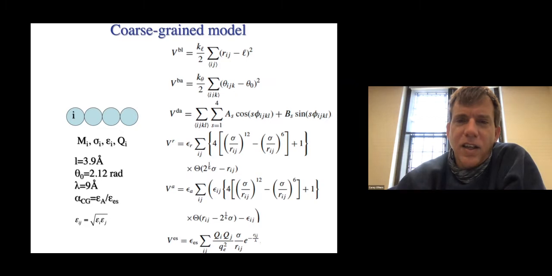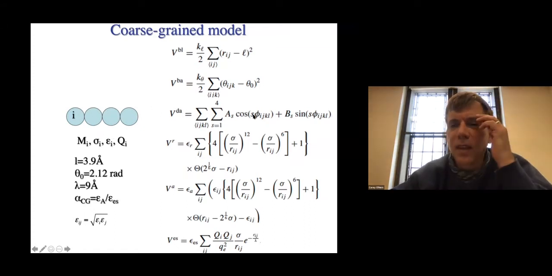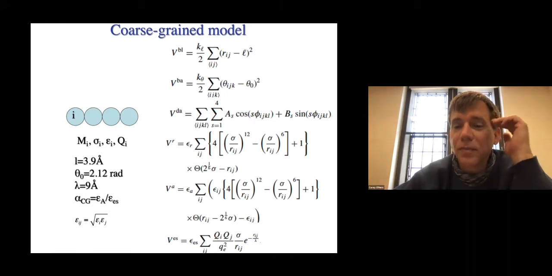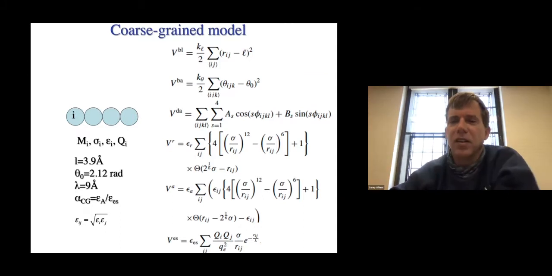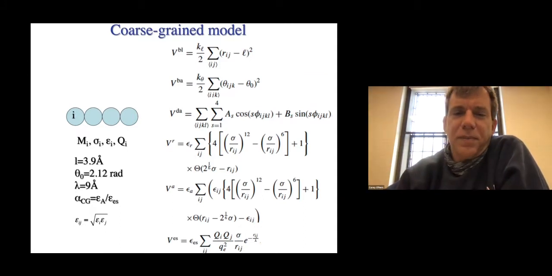I can't get the dihedral angles just from the geometry of the amino acids. So I have to put in a dihedral angle potential that will mimic what's seen in proteins. So I add in this dihedral angle potential, and I'm going to try to fit the coefficients, the A's and B's, to those ideally found in experiments.